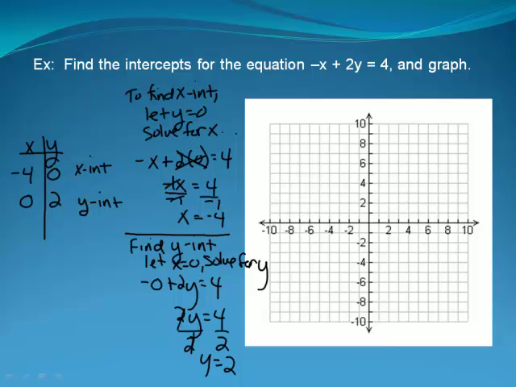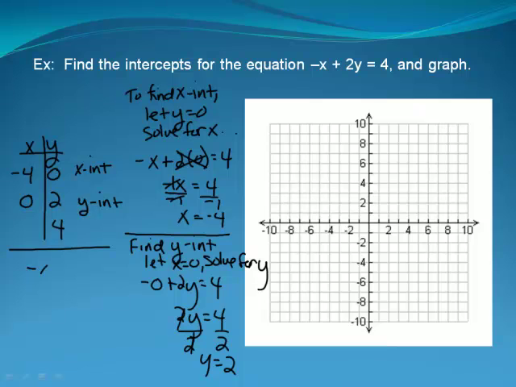That's our y-intercept. Now we can graph our line with just those 2 points, but let's get a third point just to check. So I'm going to let y be 4, just because I picked that.